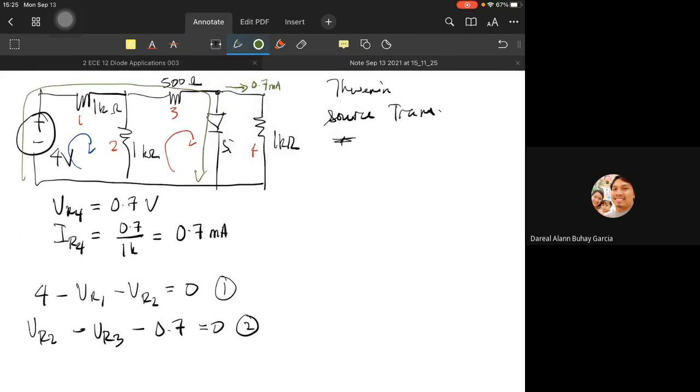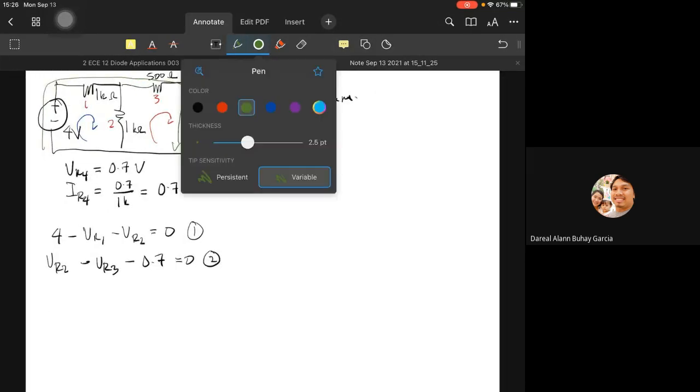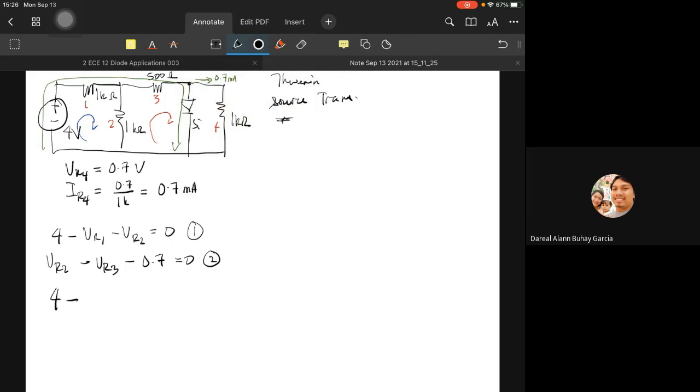KVL ta dire. 4 minus VR1 minus VR3 minus 0.7 equal to 0. Equation 3. KVL sila ni. Okay. 3 equations, 3 unknowns. Solving simultaneously.